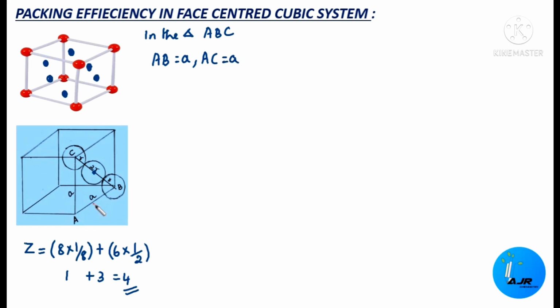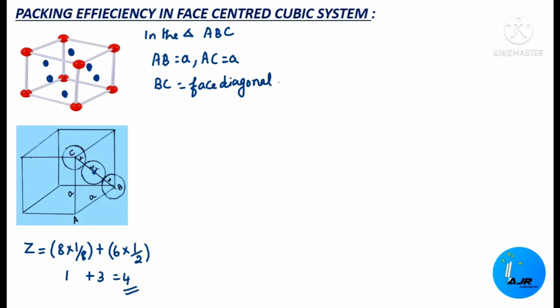But what is BC? See here, this BC. BC is the face diagonal. Is it not? This line is drawn. Okay, this BC is a face diagonal. So you should be very careful. It's a face diagonal.